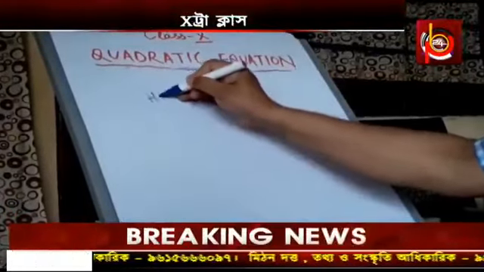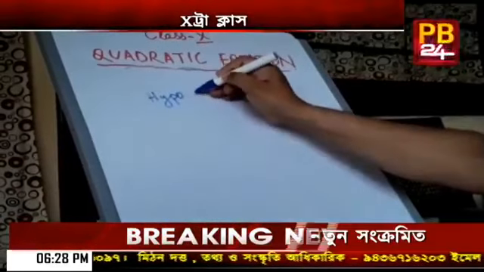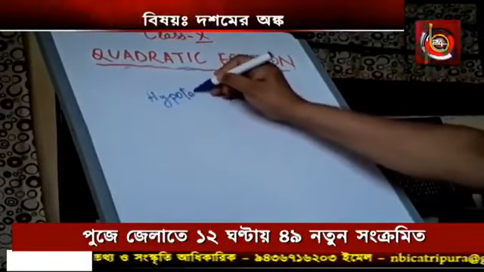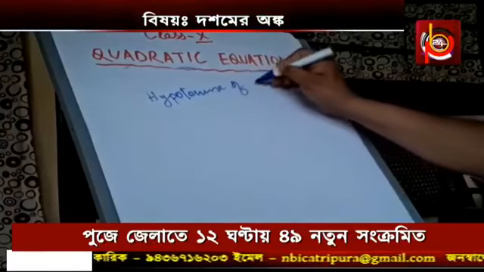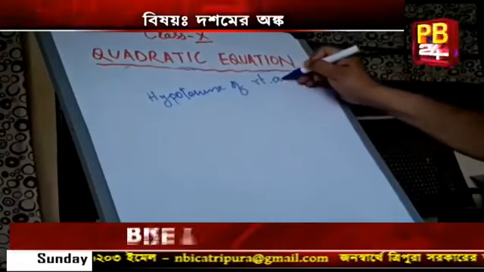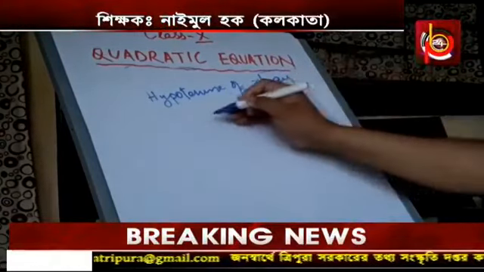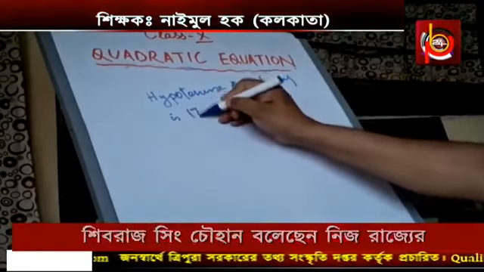That is, see, the hypotenuse of a right angle triangle is 17 centimeter.